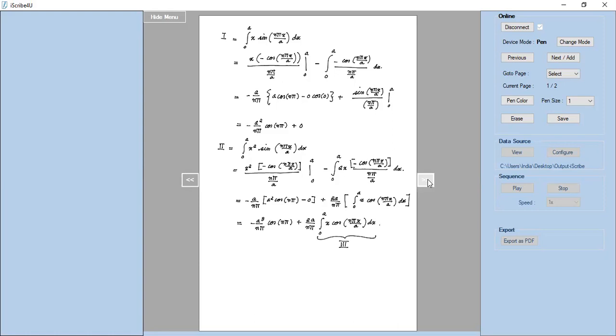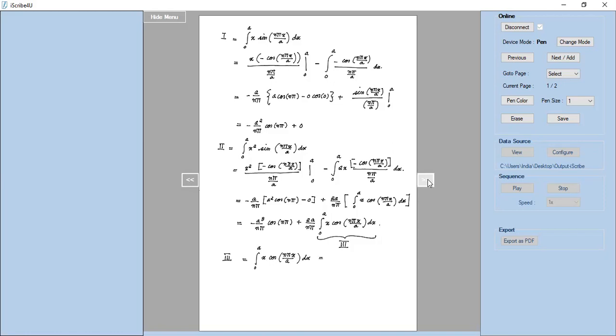All right, so let's see what we get for 3. Yeah, so these problems, as you can see, if you're good at integration, which I'm not, it comes out easier. All right, so let's just do the third integral. This is going to be nothing but integral 0 to a of x cosine(n pi x by a) dx.